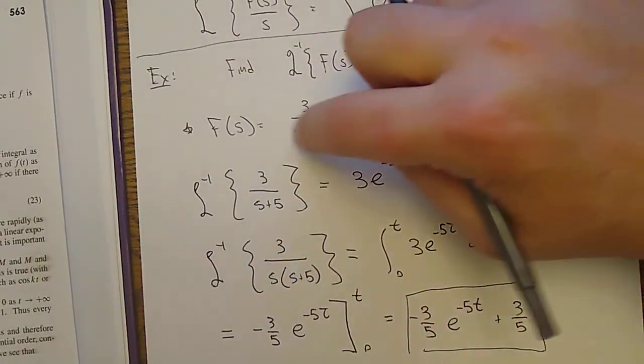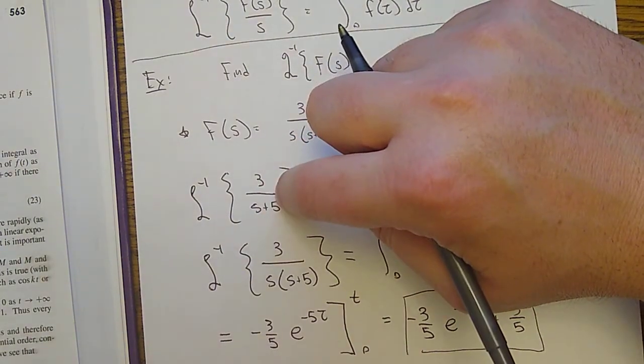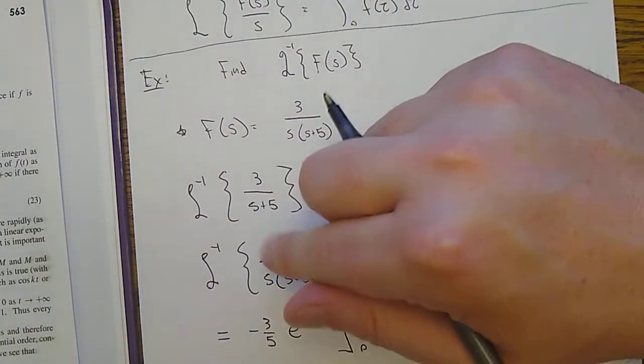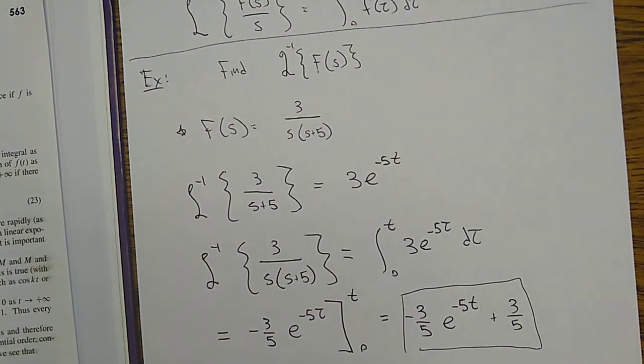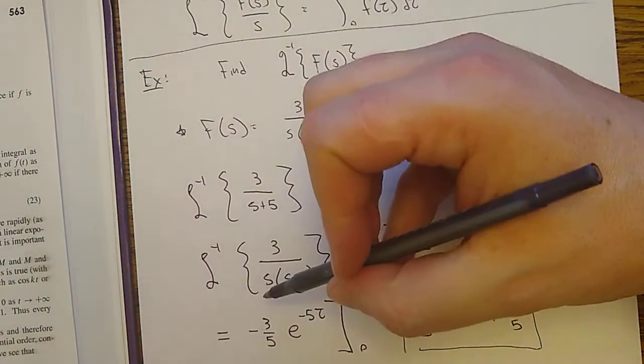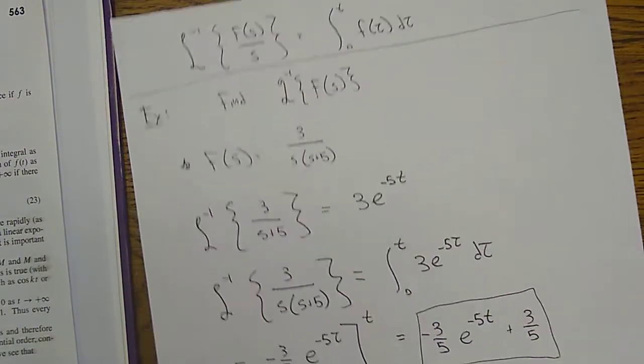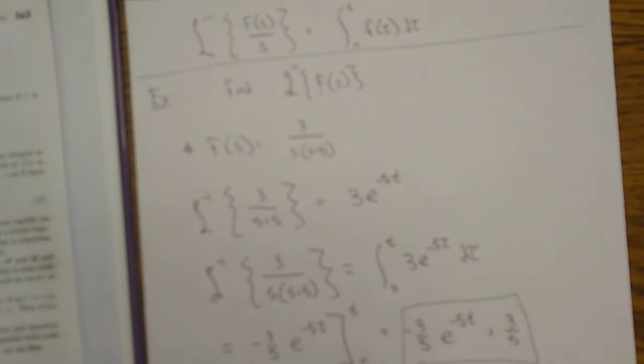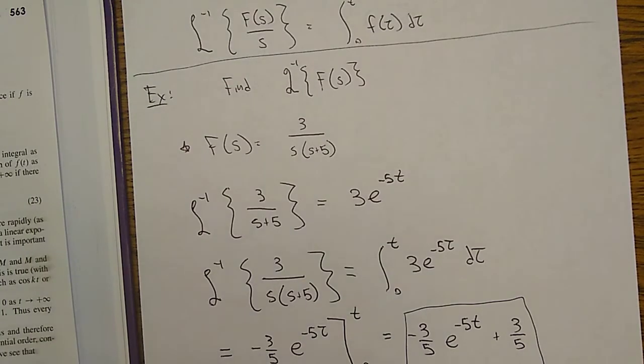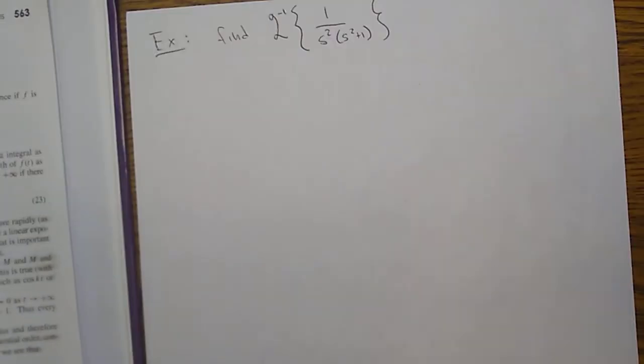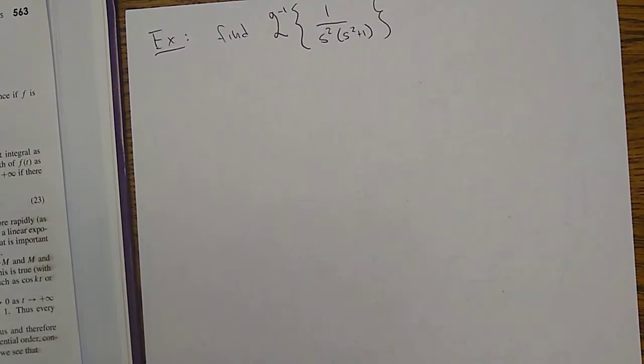I took the s off, and then I found the inverse Laplace transform of that, and then that led me to know how to do the inverse Laplace transform now that I put the s back. So if I'm going to take an s off, I have to know how to do the Laplace transform of what's left after I take the s off. Unfortunately, here I've got s squared, and if I take an s off, I'm still going to have an s there, and I would not know how to do the Laplace transform of that.